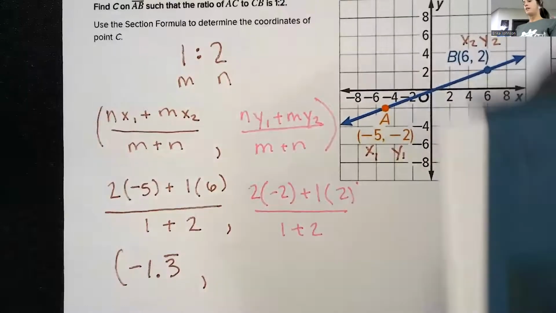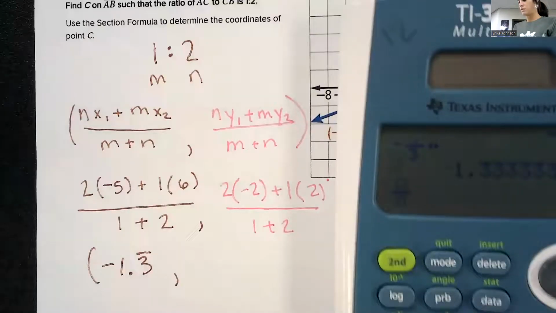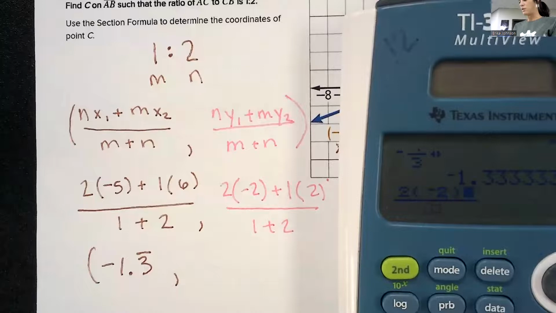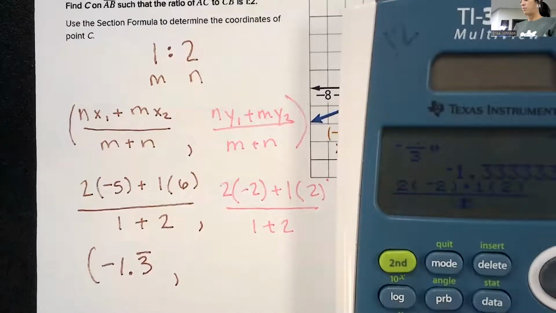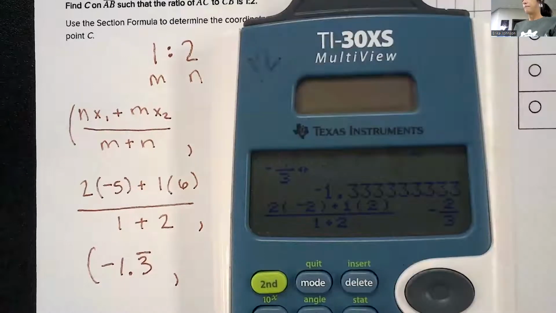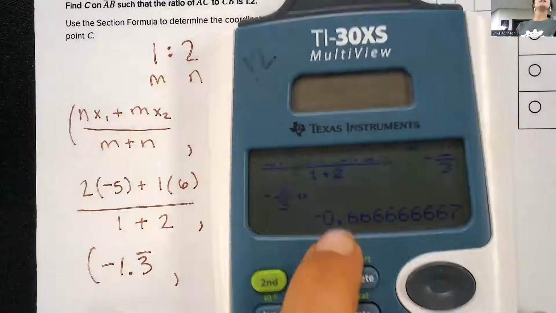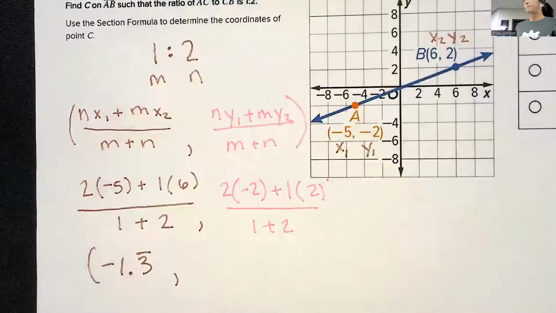Plug that in on the calculator. Fraction button, 2 times -2 plus 1 times 2 over 1 plus 2. Make that a decimal, we get -0.6 repeating.